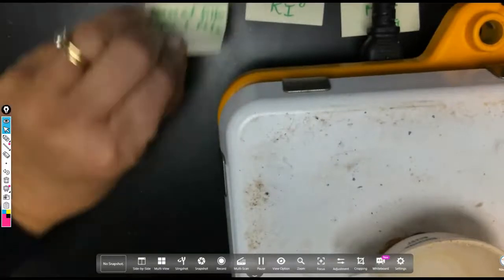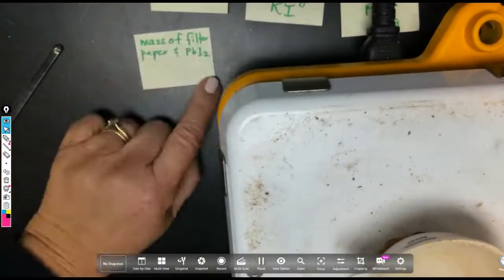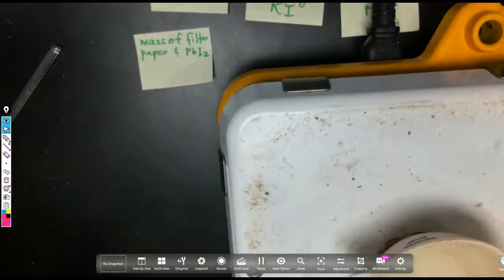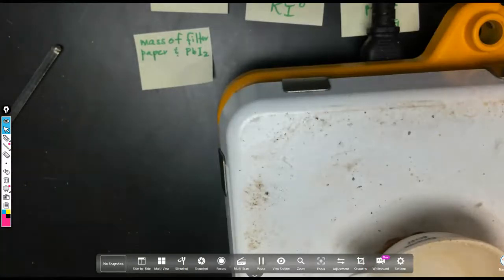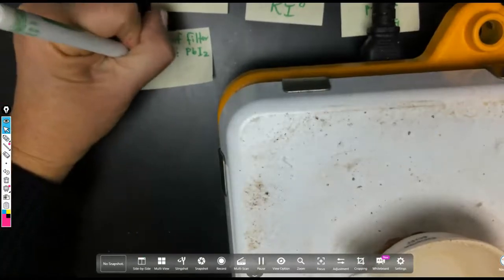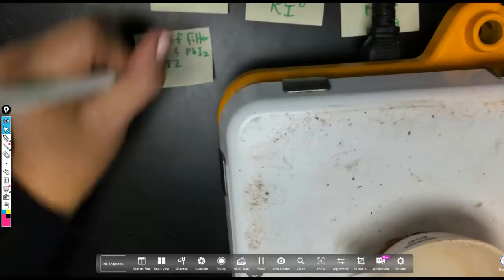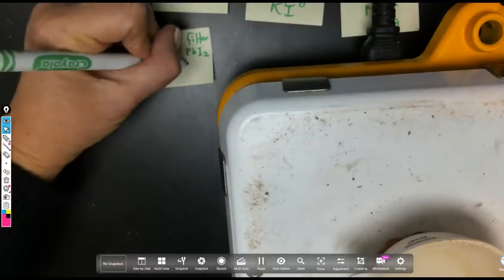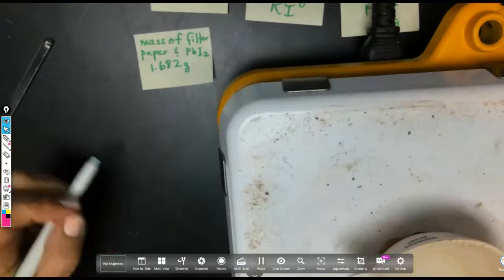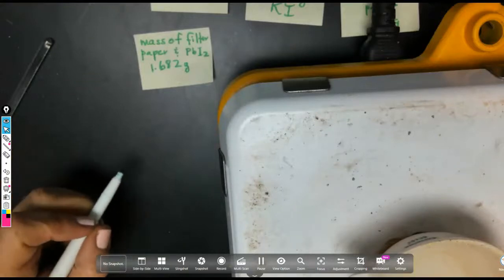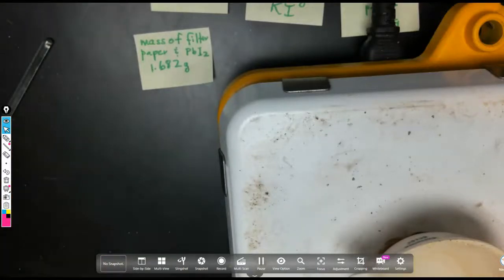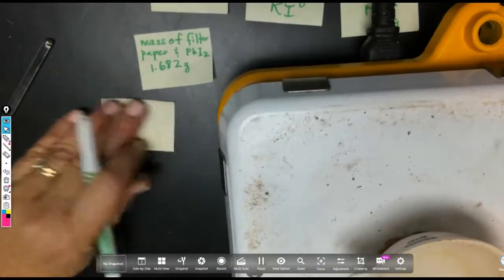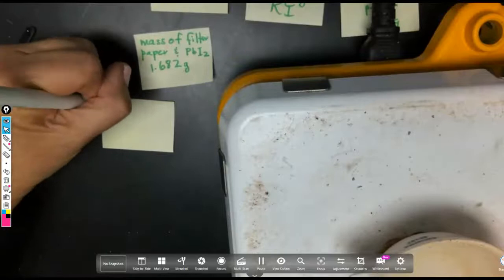Okay, so the mass of the filter paper and PbI2 can be reported as 1.682 grams. Now, that is the two of those together. To be able to report the mass of just the PbI2 produced, we are going to have to subtract.